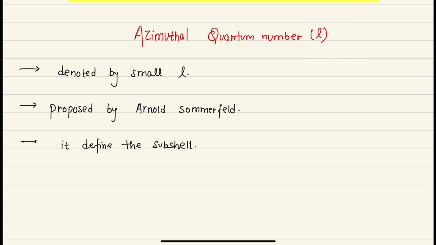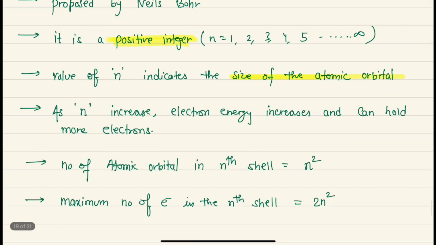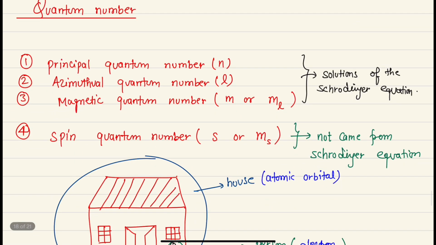In the first video, I told you that the principal, Azimuthal, and magnetic quantum numbers are all solutions of the Schrodinger equation.